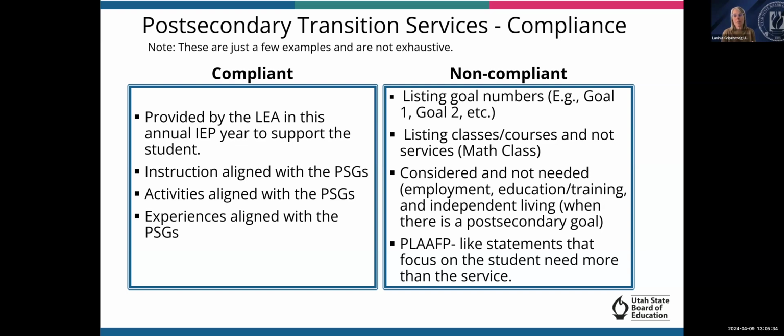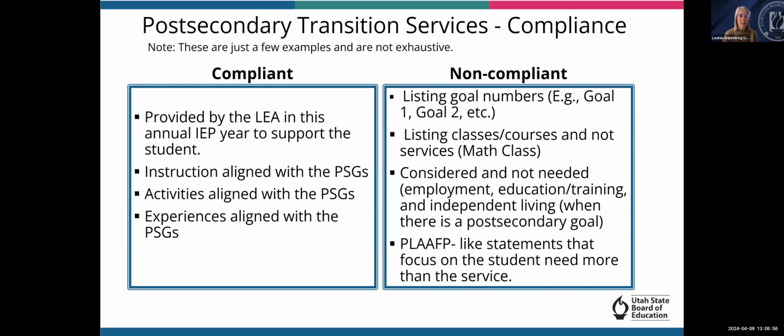It's really just a statement of need or what they should be doing. That's not compliant. We don't want to see that in the transition services section either. If it's information about a student's needs or their strengths or their interests, that belongs in the PLAAFP statement for transition assessment. So just to be really clear, that is what is considered non-compliant in the transition services section.